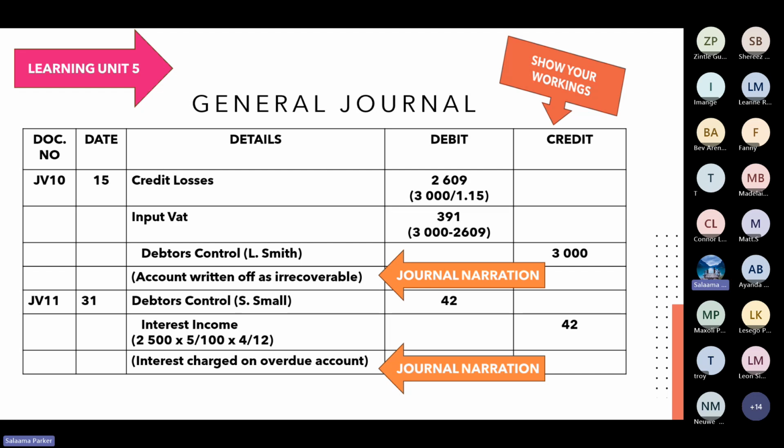And then how am I going to calculate the interest of this debtor whose account was in arrears for 4 months? They've given me the outstanding balance, the interest that I need to charge the debtor, and for how many months. And we all know that there are 12 months in a year. In this example, Small's account was 4 months in arrears, and that is how I got to the 42. But remember, it could be 3 months in arrears, 2 months, 6 months in arrears.